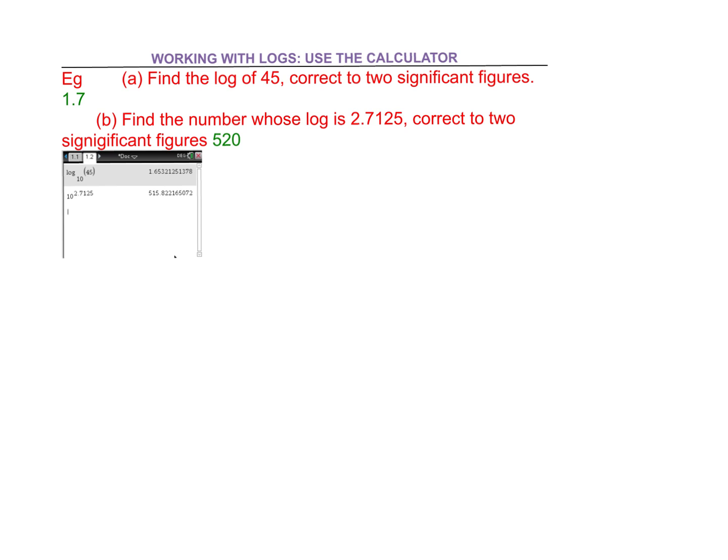Don't overcomplicate it. So here it says find the log of 45. In the calculator, you just do log 10. It's in blue on your calculator, and you do 45 and you get 1.65 whatever. So 45 as a log number is 1.65.